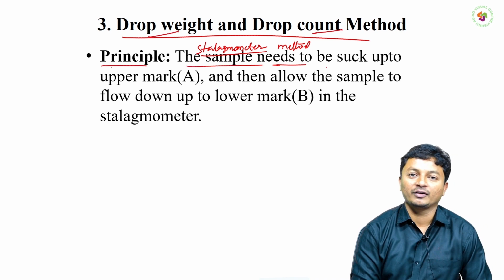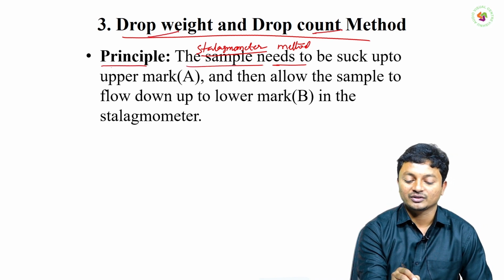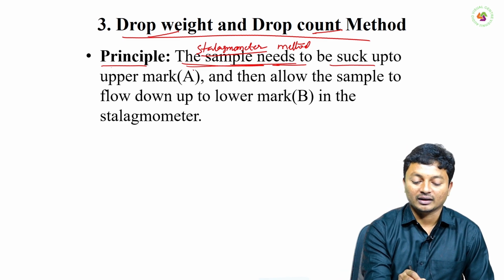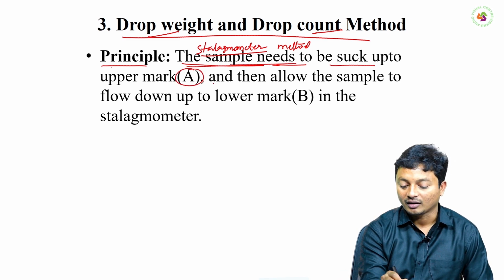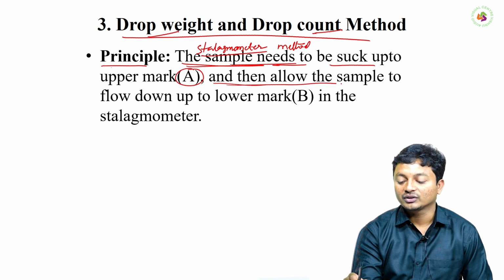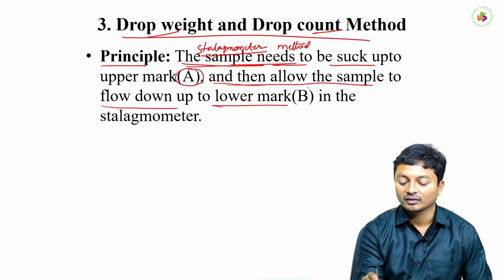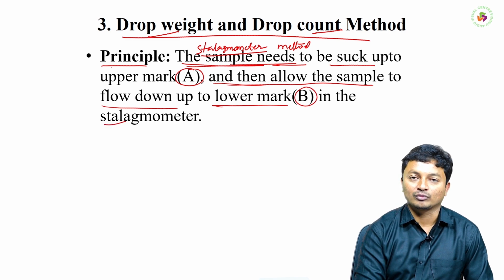The principle involved in the stalagmometer method is that the sample needs to be sucked up to mark A, and after sucking, we need to allow the sample to flow down up to the lower mark B in the stalagmometer.